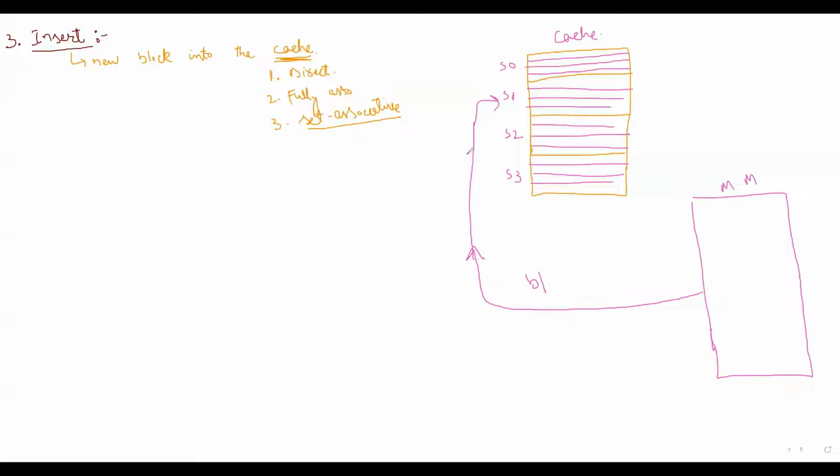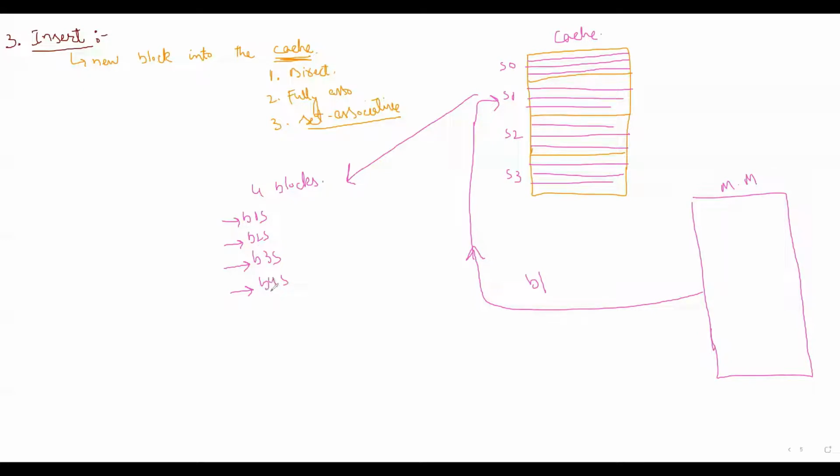Okay. So if it maps to set S1, now S1 has 4 blocks: block 1 of S, block 2 of S, block 3 of S, and block 4 of S. And we said this B1 maps to this particular set. So we can place this B1 in this block or this block or this block or this block.